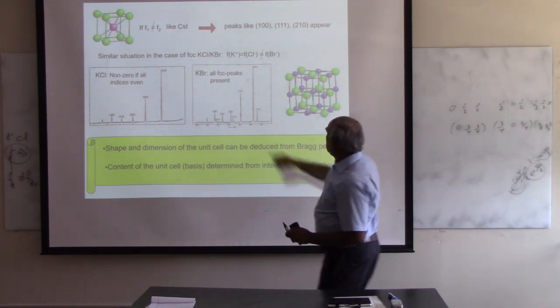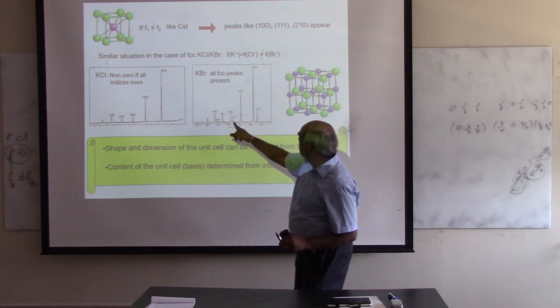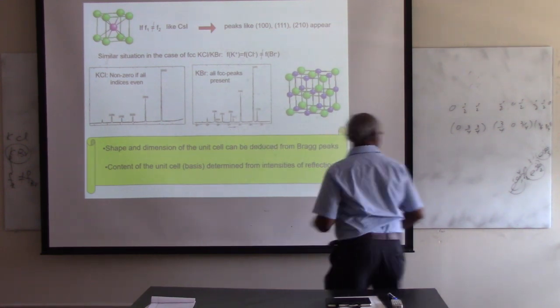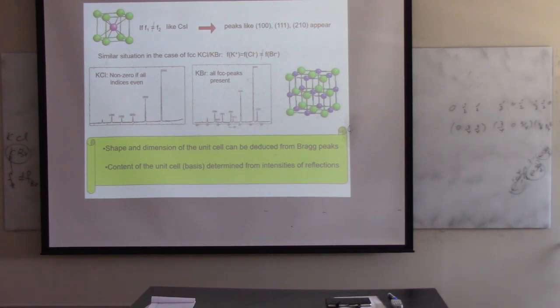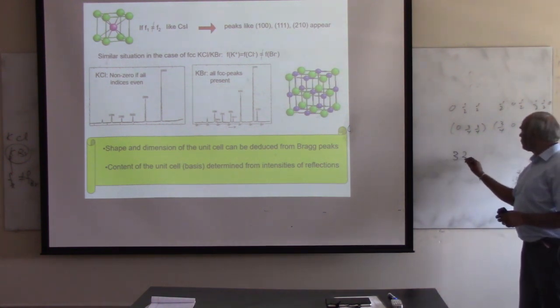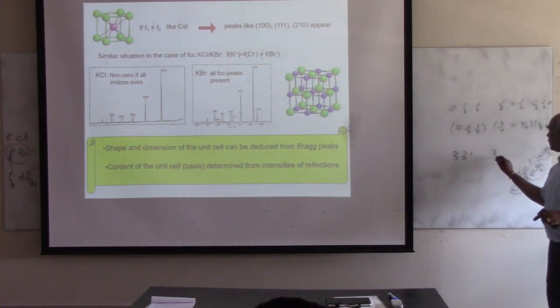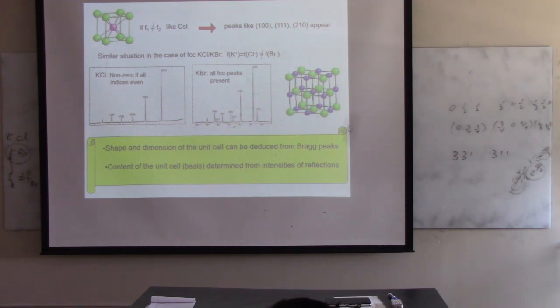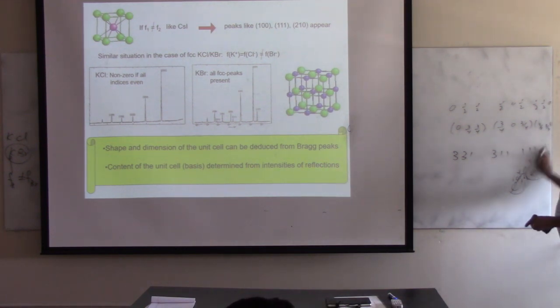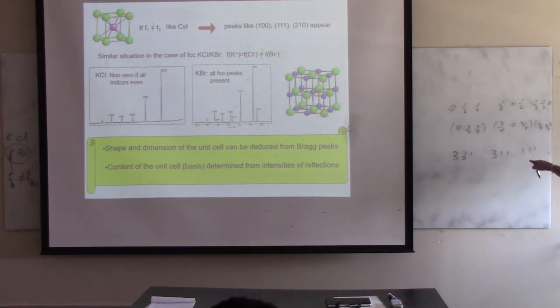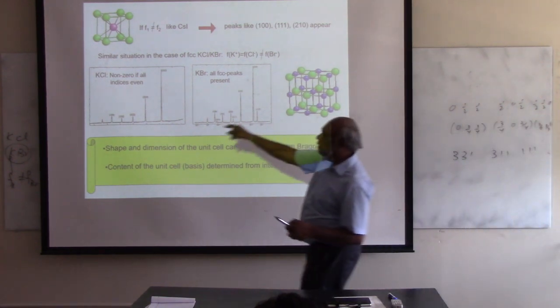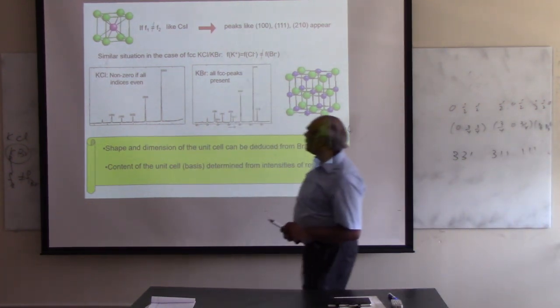Yes, you have 331, then I have 311, then I have 111. So these are all odd numbers, but you can have those reflections because the form factors are different.